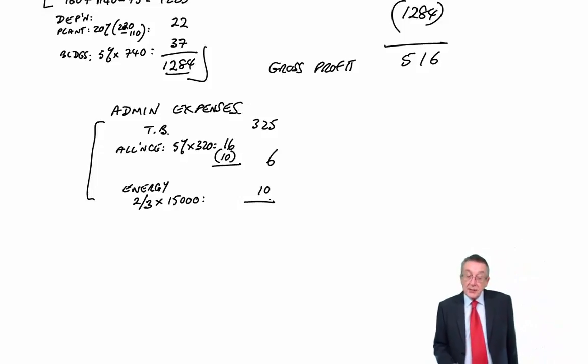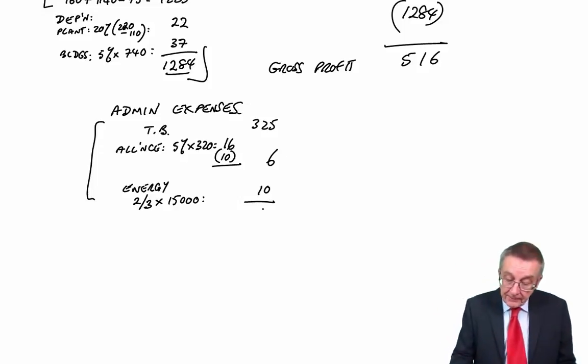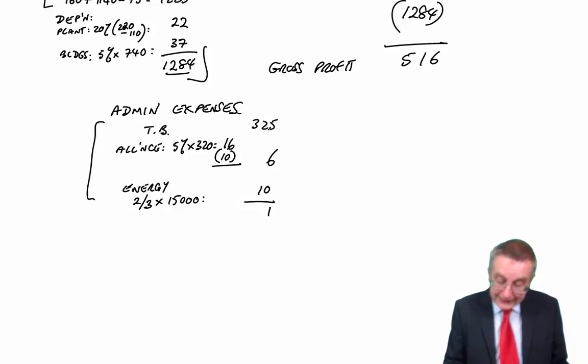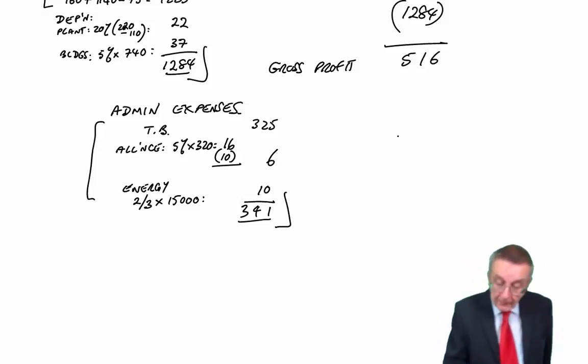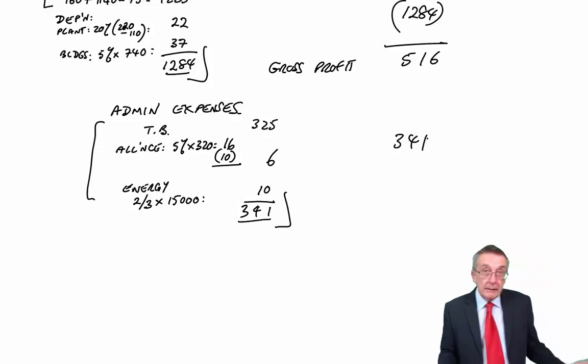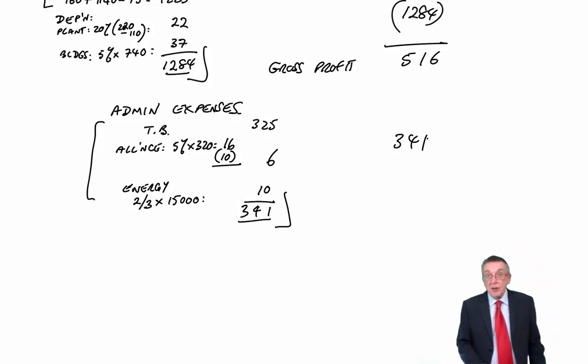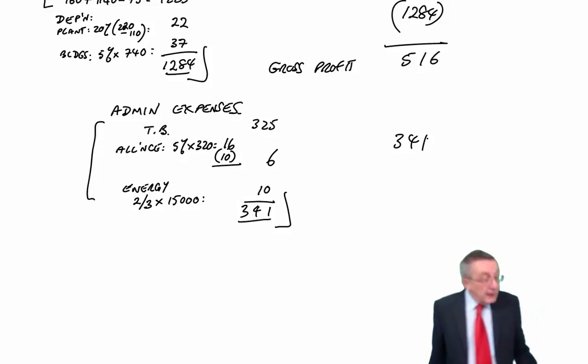But it now means the total admin expense is 341. Now again, in the exam I'd have shown that as separate workings. I hope I've made that bit clear. Another quick check.